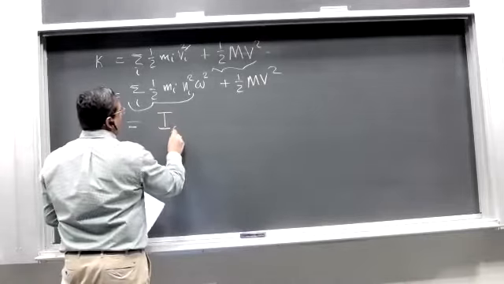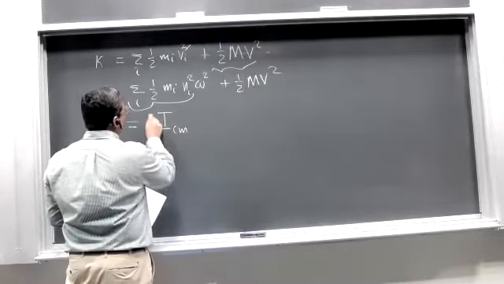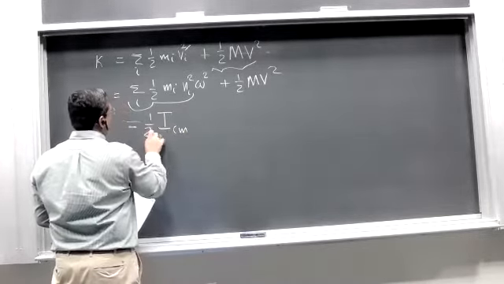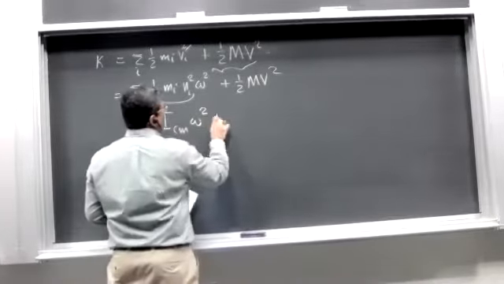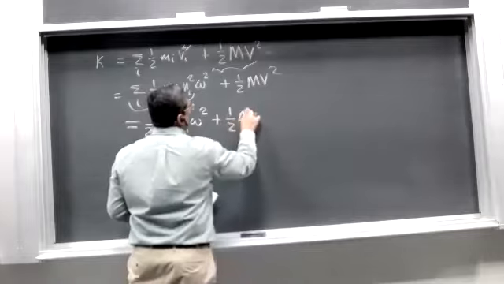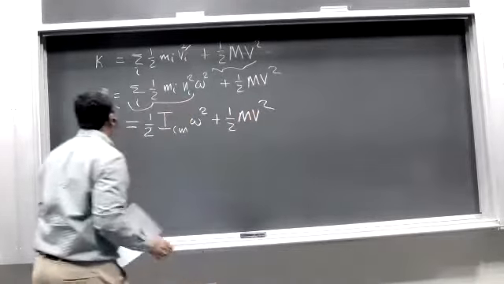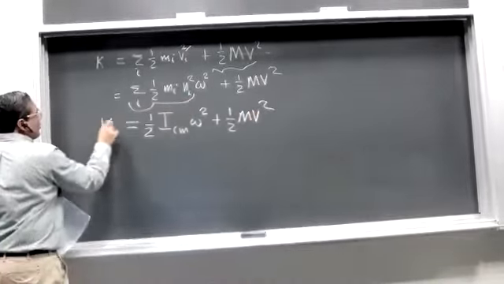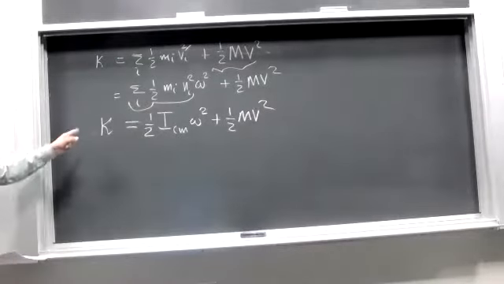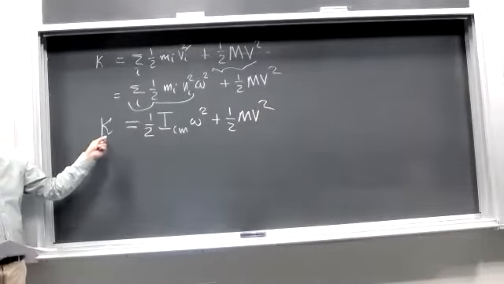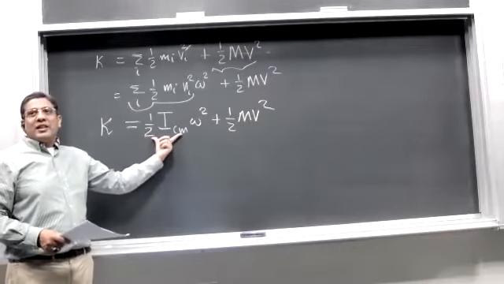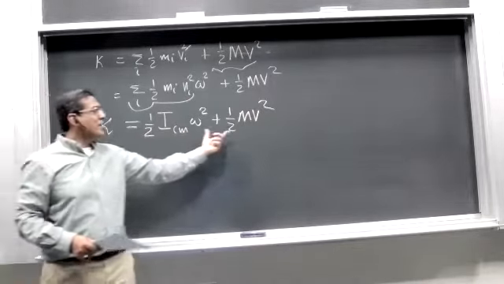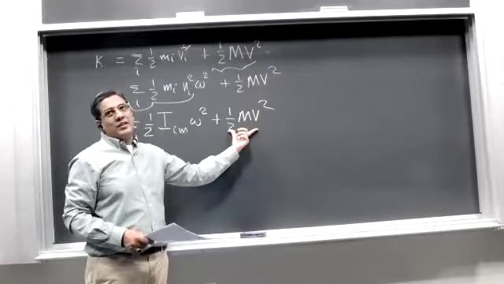So it's half the moment of inertia around the center of mass times omega squared, plus half M v squared. And there it is. The total kinetic energy the object is gaining is the sum of the rotational kinetic energy plus the linear motion of the center of mass.